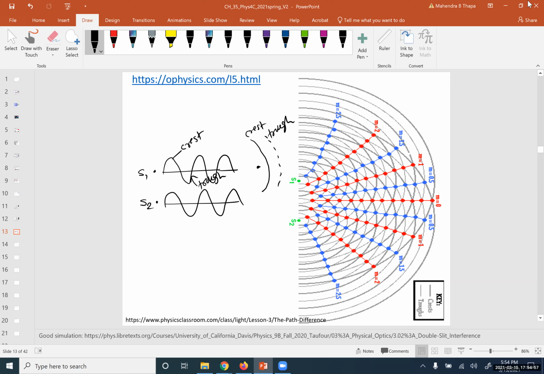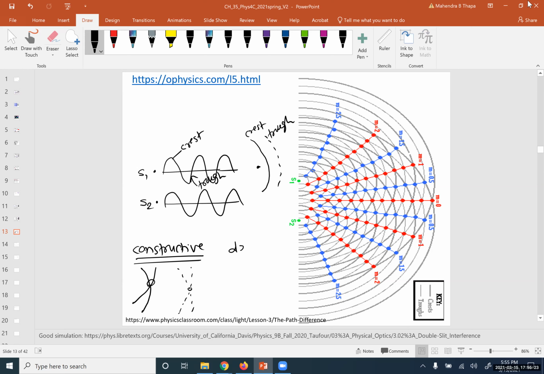You see in this picture that if you have constructive interference, then solid lines or dotted lines will cross, meaning trough will be together and crest will be together.